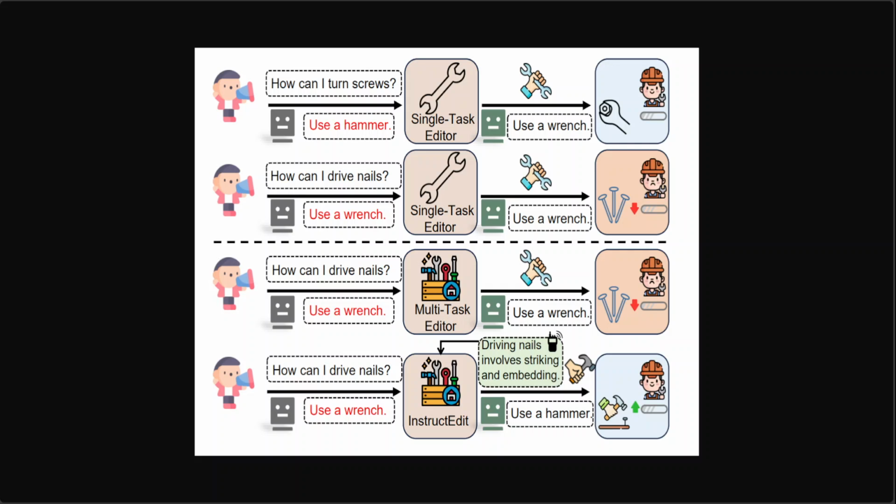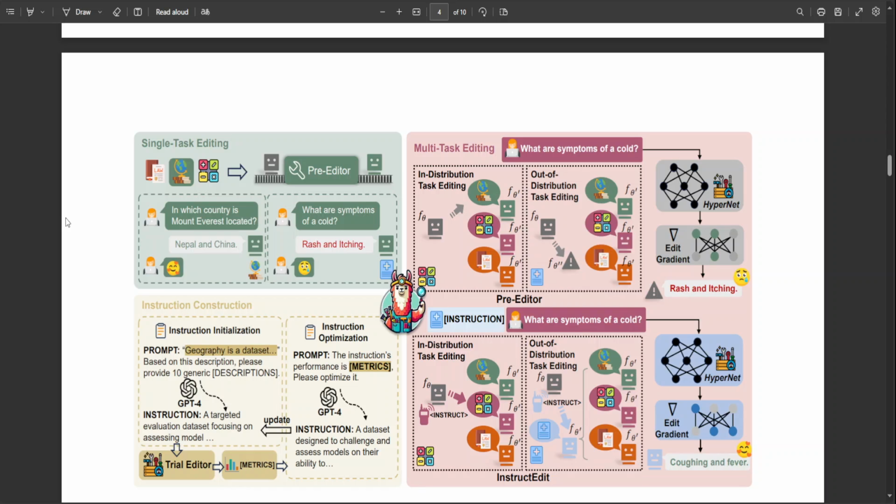In this other example, you can see that assuming access to multi-domain task data, law, geography, medicine and math, for single task editing, original editing is domain specific. For example, a geography editor edits geography-related knowledge but can't transfer it to medicine.